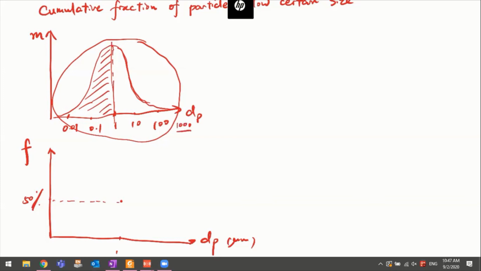Then at 1,000 micrometer, what's going to be the cumulative fraction? That's at the end, right? So that's going to be somewhere around 1. Okay. And let's say, what about 0.001? That's going to be somewhere around 0, right?